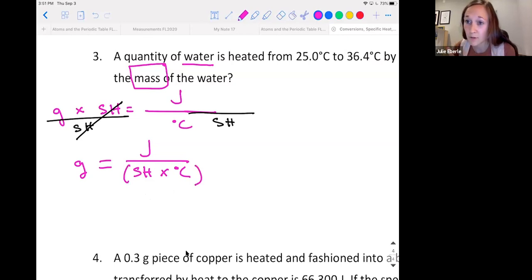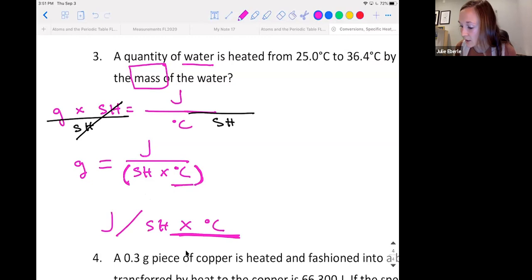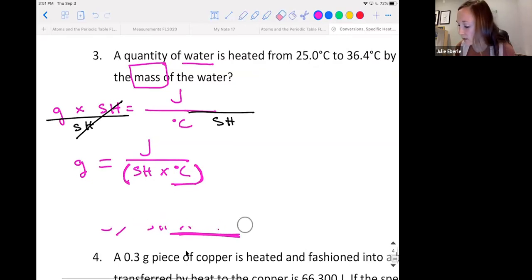Because if you don't, I guarantee some of you will put the number for joules in your calculator, divide by the number for specific heat, and then say times your change in temperature. Your calculator will read this as a multiplication when actually you're dividing by your change in temperature term. So that is why I say put parentheses in your calculator around these numbers when you go to divide, so that you mathematically get the right number.